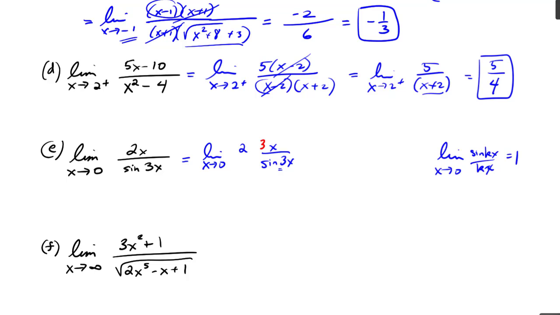So I could put in a 3 there, put in a 3 there, that's 3 over 3. So I haven't changed the problem. And now, when I take these limits, the limit of 2/3 is 2/3, and the limit of 3x over sine 3x, that's the special limit of 1, so I end up with a limit of 2/3.